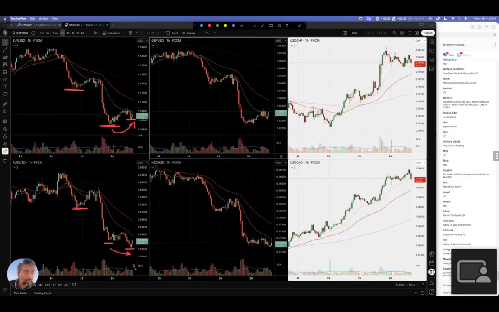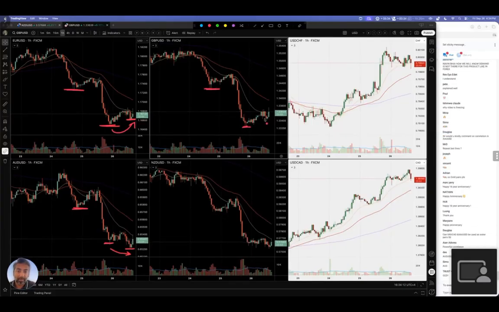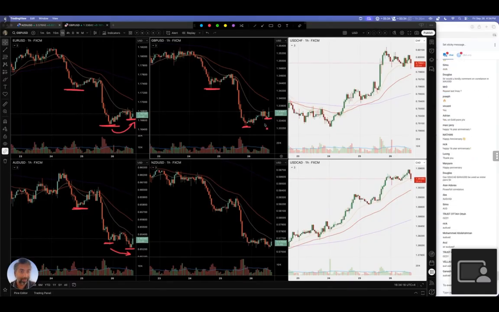Which one do you think has more power to the sell side? It's going to be an easy thing to answer, right? Now, here's another one. We got a low. This is lower, and then much higher. It's not lower. It's much higher.